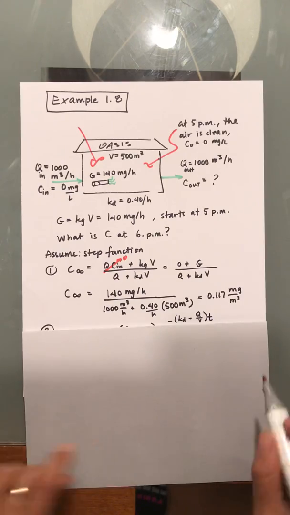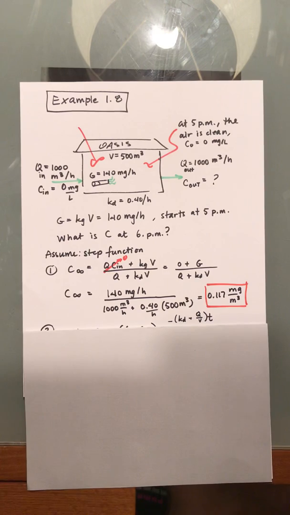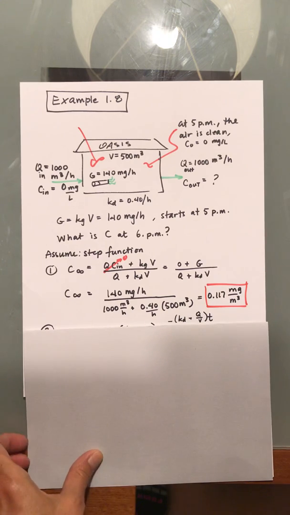And that infinity concentration is 0.117 milligrams per meter cubed.